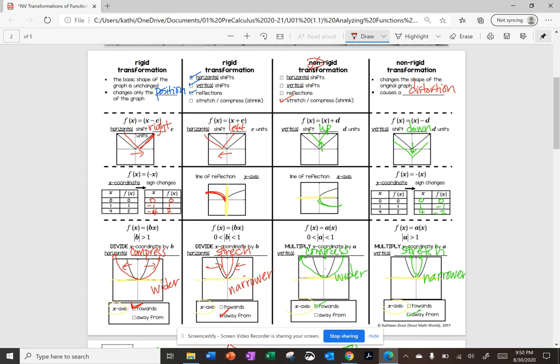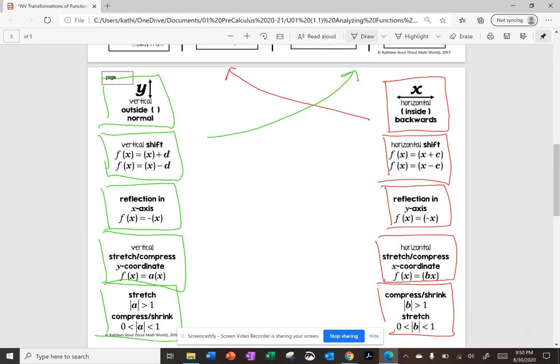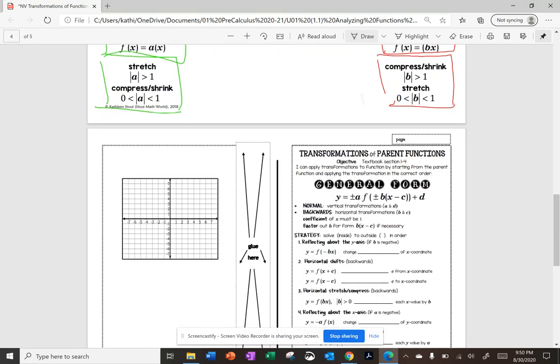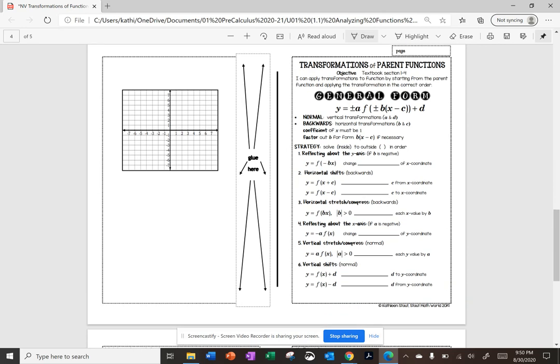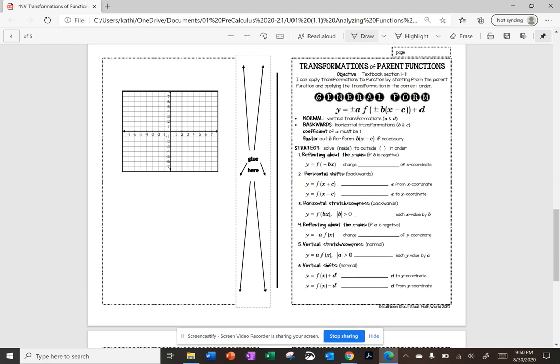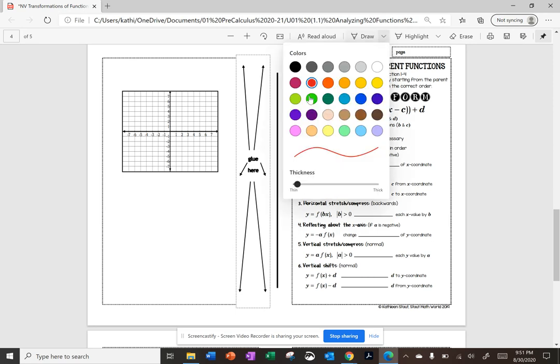So let's go through an example now with some notes. My general form here is y equals a times f of b times the quantity x minus c, plus d. So again, I kind of give myself some clues.